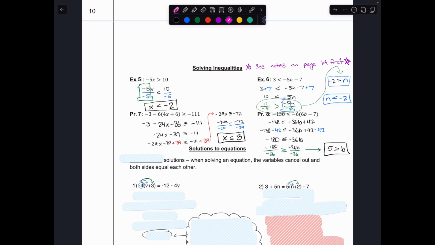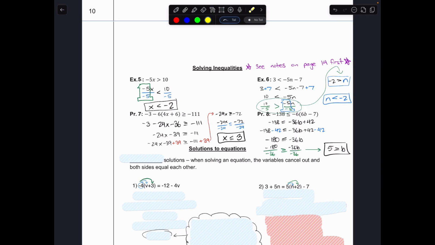Problem 7 here. Just like in the last video, distribute first. It makes your life easier. So negative 6 times 4x is negative 24x. Negative 6 times 6 is negative 36. Combine your like terms. Negative 3 minus 36 is negative 39. And then we're trying to solve for x. We don't want that minus 39 there.